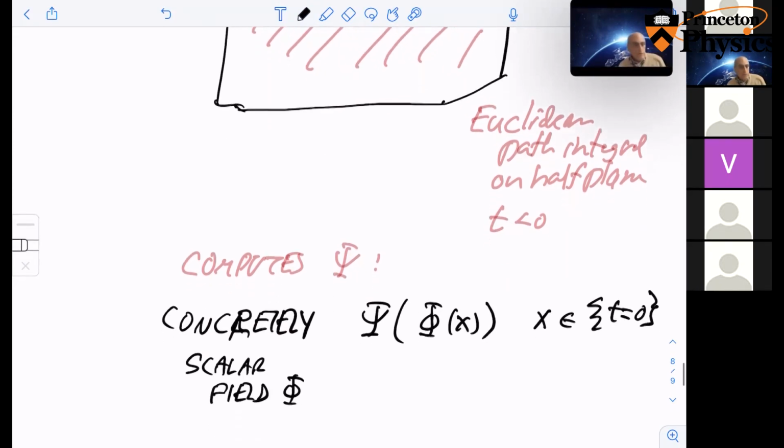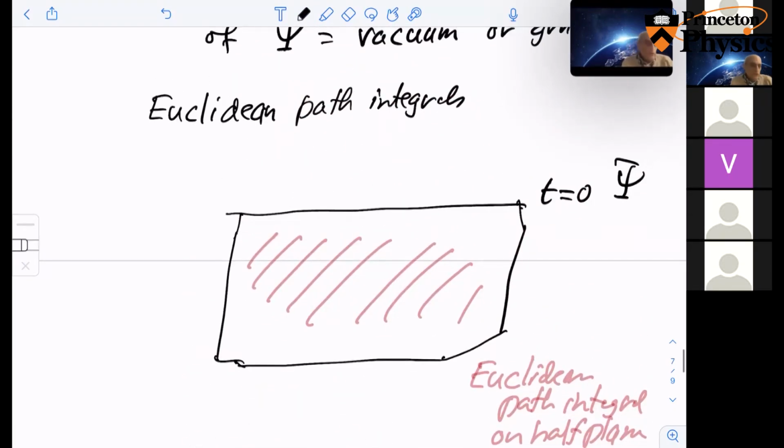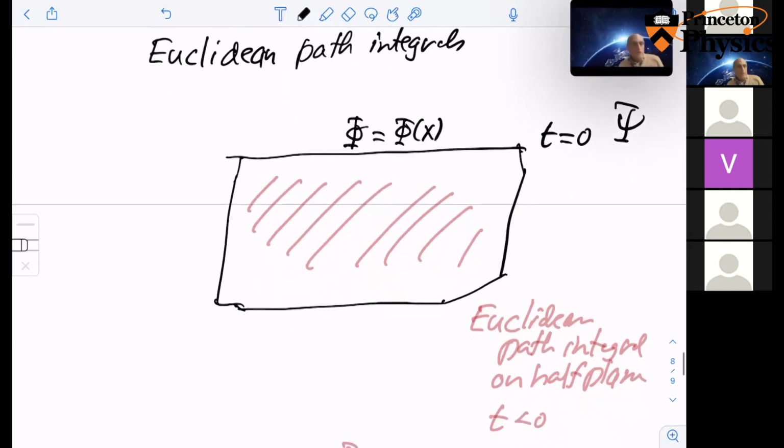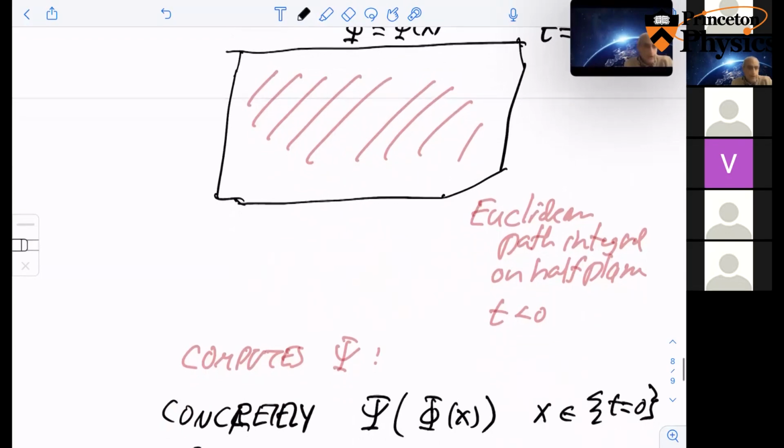So what Feynman would tell us is that if you specify the boundary condition phi equals phi of x at time zero, and do a path integral on the Euclidean past with that boundary condition at time zero, the output of the path integral with that boundary value will be a function psi of phi of x, which will be the ground state wave function. So hopefully you're familiar with that from your prior study of field theory.